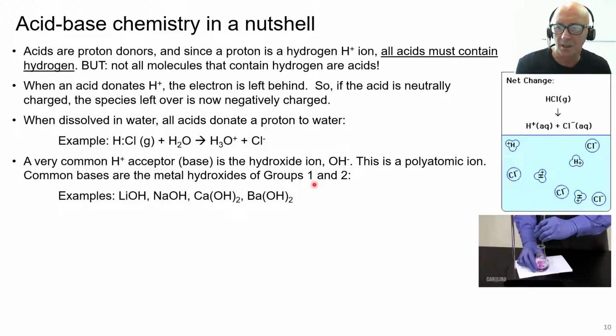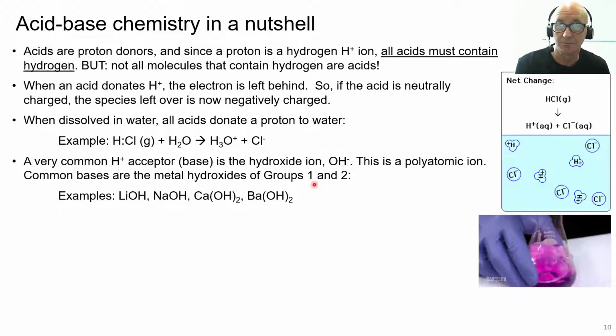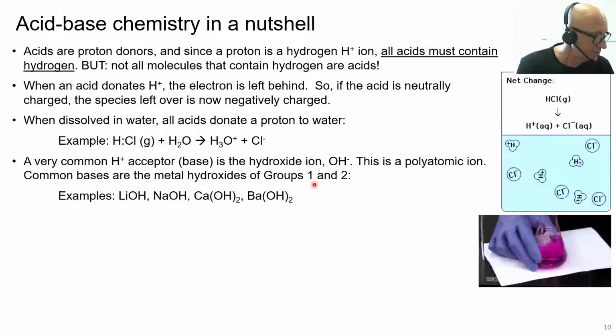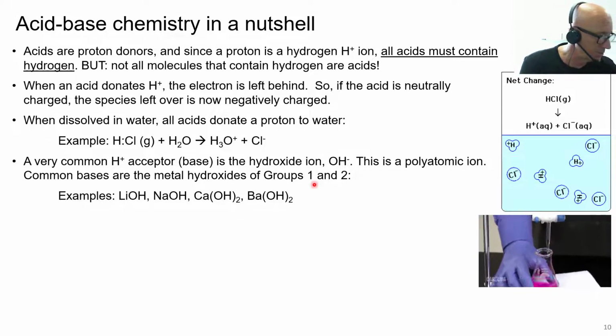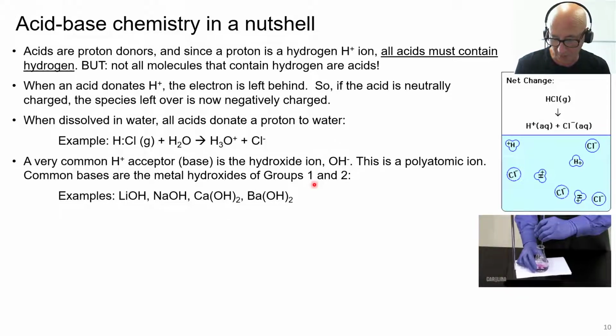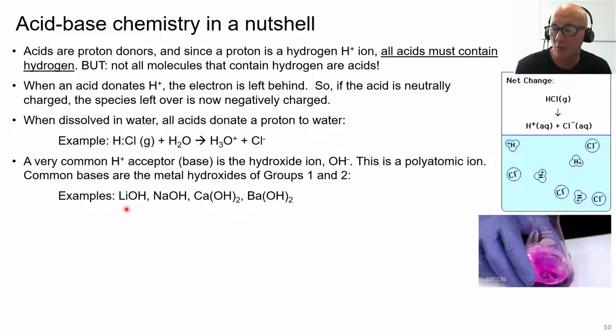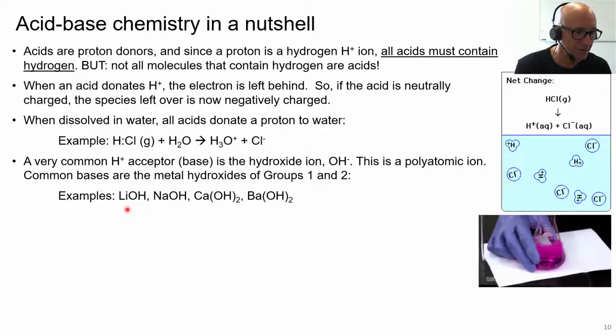In group 1, you've got lithium, sodium, potassium, rubidium, cesium, francium, right? And they all have a valence of 1.